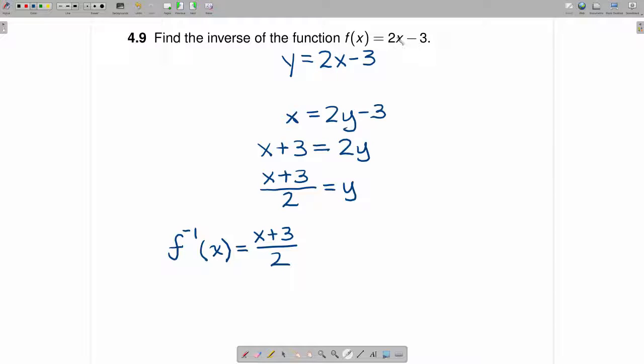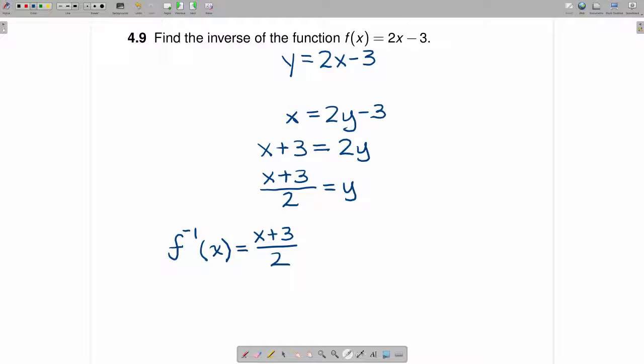So f of 5 equals 7. Now take that same 7 that was f of 5 and plug that into f inverse. Well, 7 plus 3 is 10 divided by 2 is 5. So you can see that the inverse function, f inverse, in some sense undoes the original function f of x.